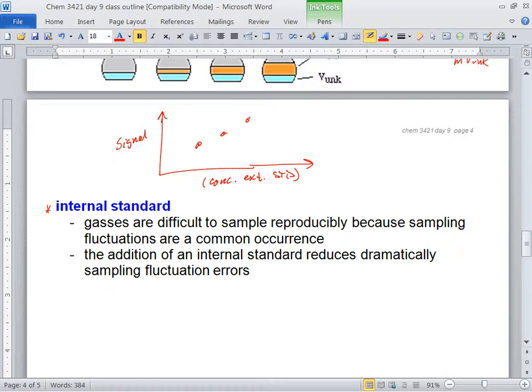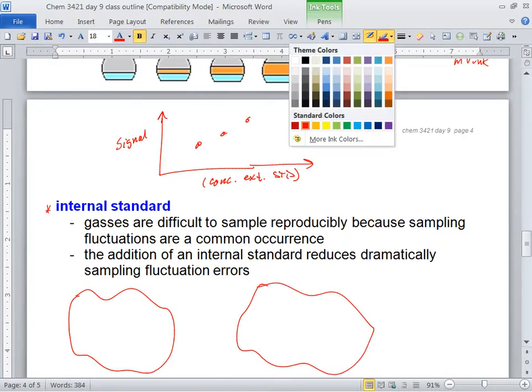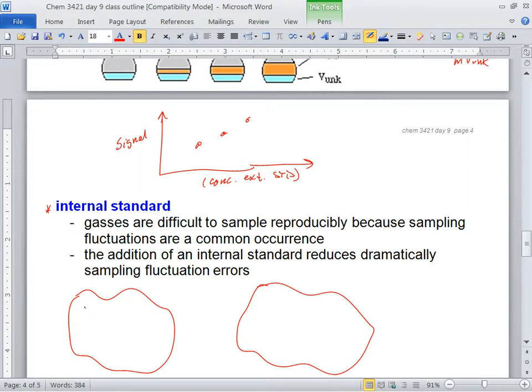Okay? And now what they're saying is, okay, this is your gas. You're going to sample this gas 2 times. And let's say you're after the X's or the stars.